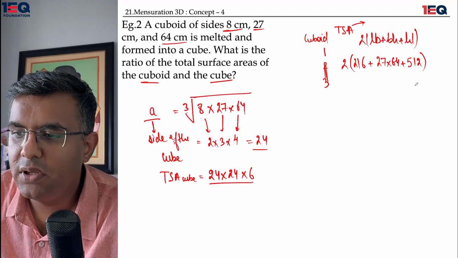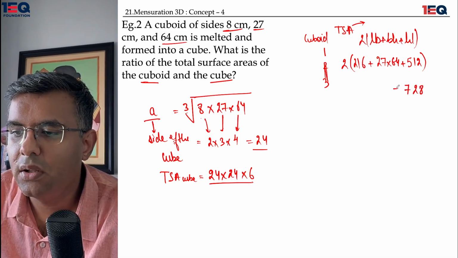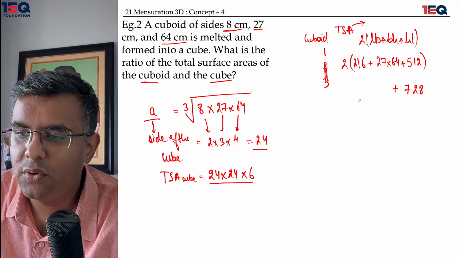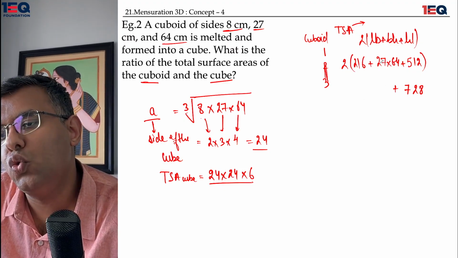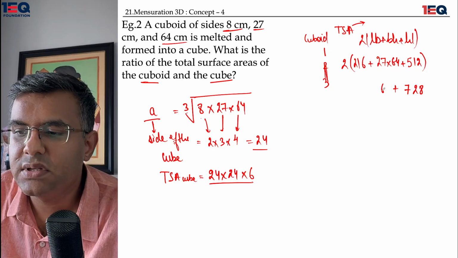This would give me 728 plus 27 into 64. 27 into 64, can I do a 9 and a 3 later? 9 fours are 36, 9 sixes are 54.